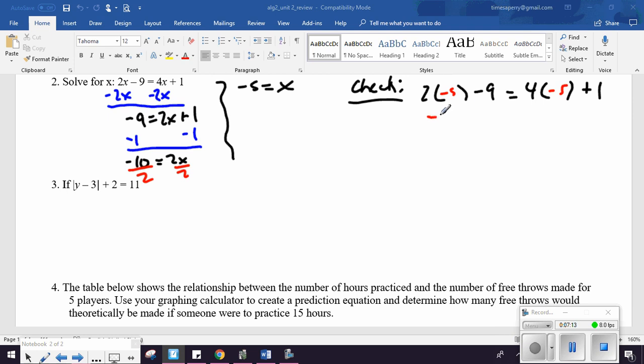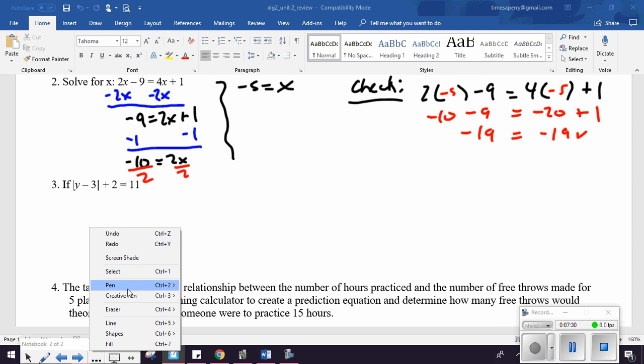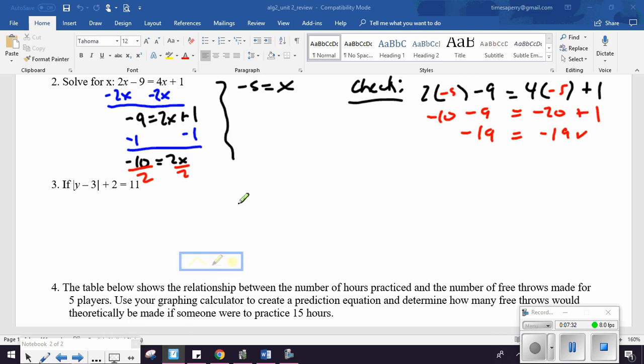So I would get negative 10 minus 9 on the left, negative 20 plus 1 on the right. Negative 10 minus 9 is a negative 19. Negative 20 plus 1 is a negative 19. So my solution checks out. So yes, negative 5 is equal to x. That is my solution.